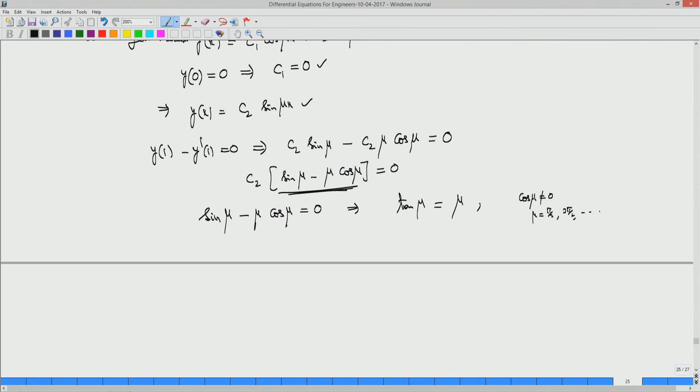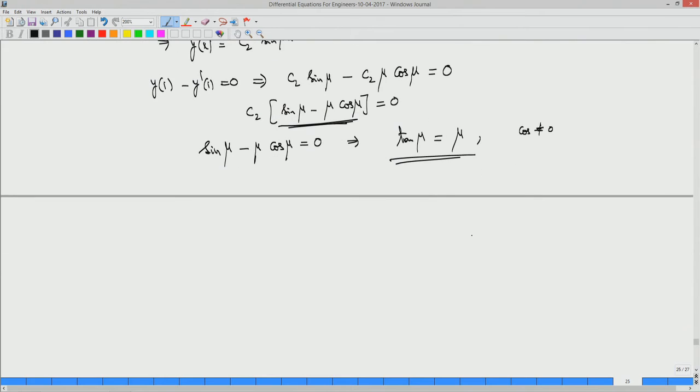For these values pi by 2, 3 pi by 2, this quantity is non-zero. So you can think of other values, divide, and find the roots of tan mu equal to mu.